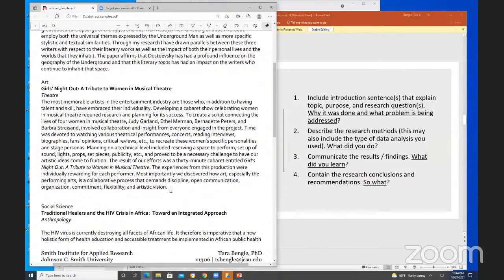I think I have it. Okay, all right. Is that sentence, the experience of this production were individually rewarding for each performer.